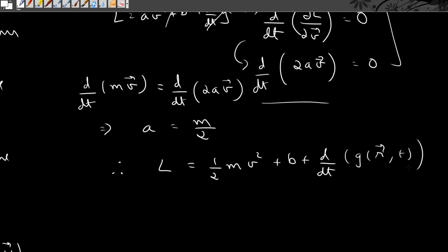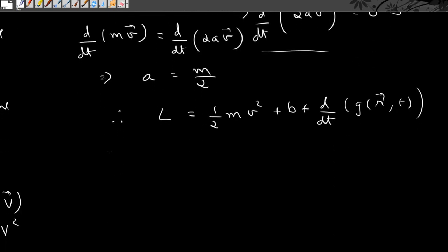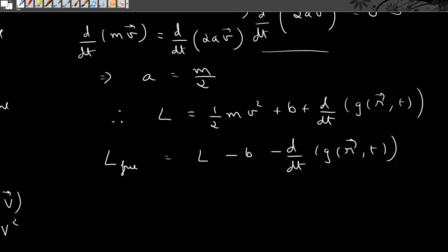Now, since any Lagrangians of this form are equivalent when I add a constant and the total derivative of a function, I can define my L free as L minus b minus d by dt of g of r and t, because both of them are going to give the same equations of motion.